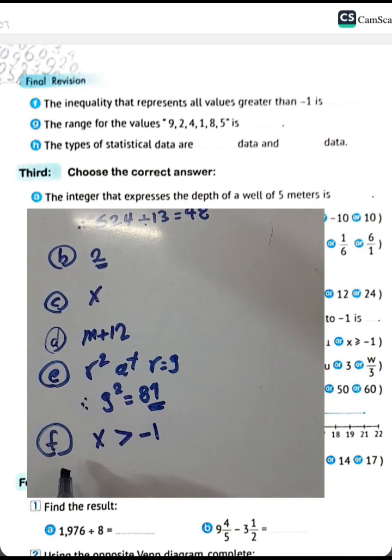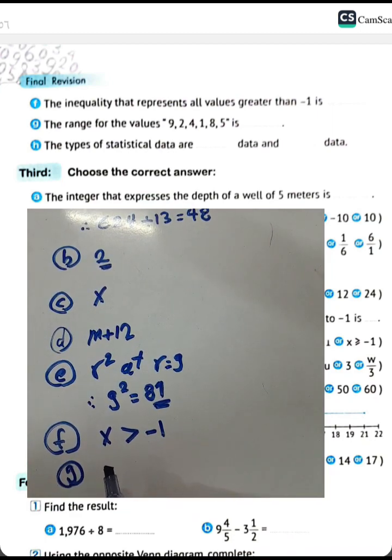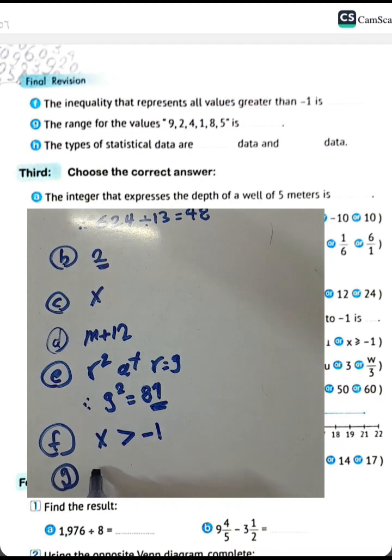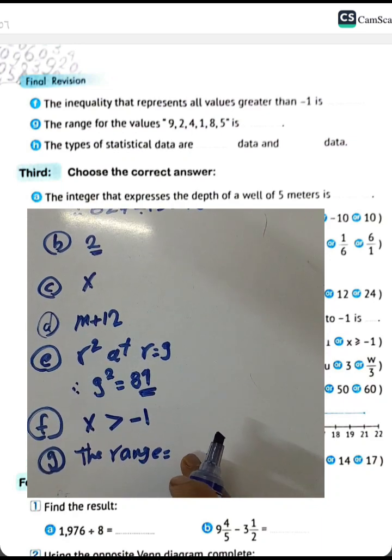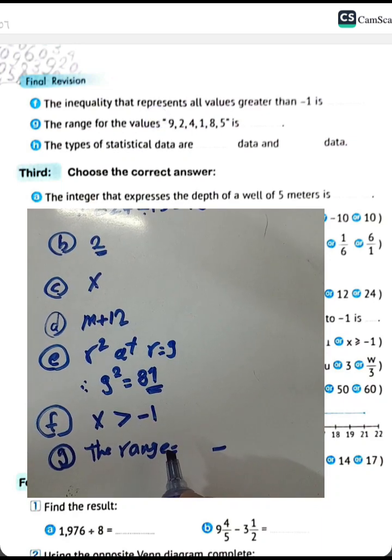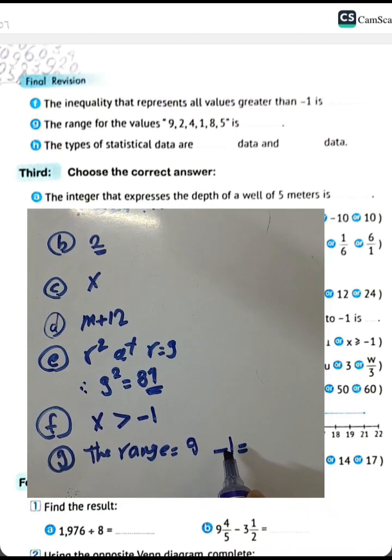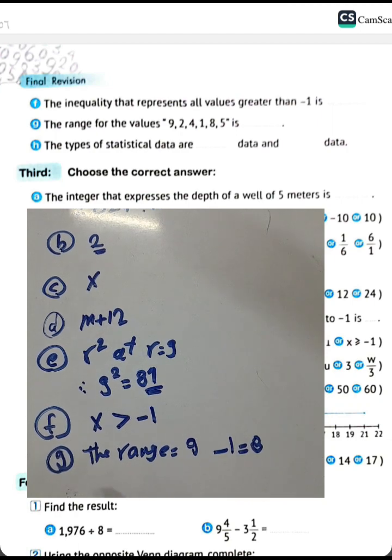Question letter G. The range of the values here, we can find the range as the difference between the greatest number and the smallest number. The greatest number here was 9 and the smallest number here 1. 9 minus 1 equals 8.